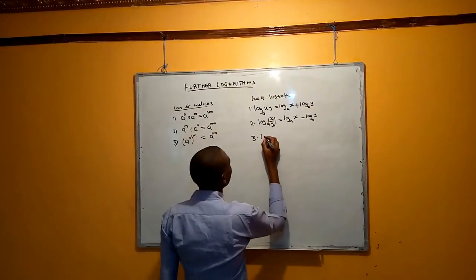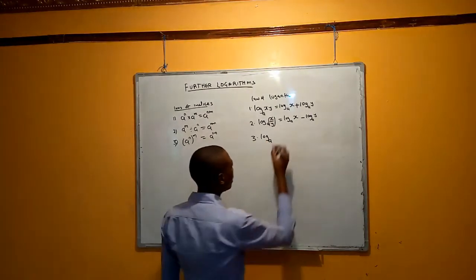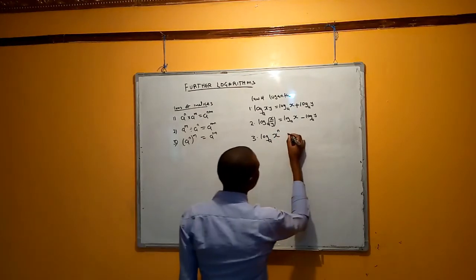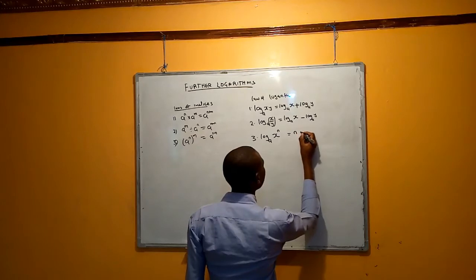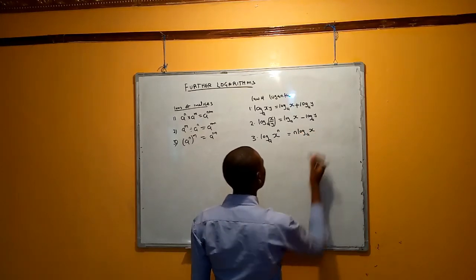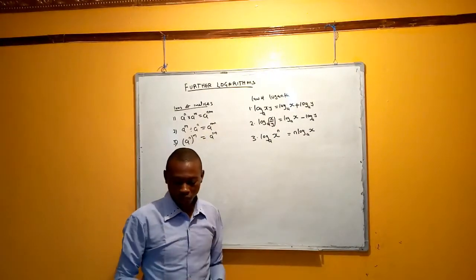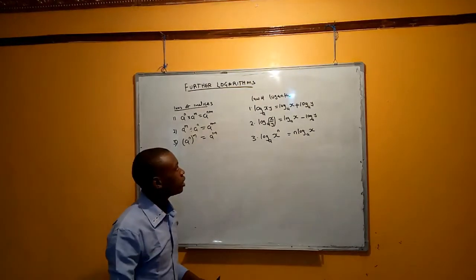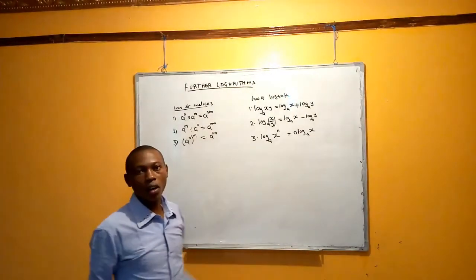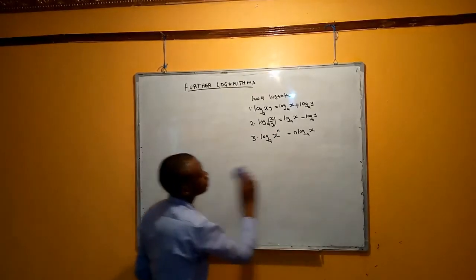We say that log to base a of x raised to power n is the same as n log to base a x. So now we have only three laws of logarithm. Now, from these laws of logarithm, we should be able to do some computations.